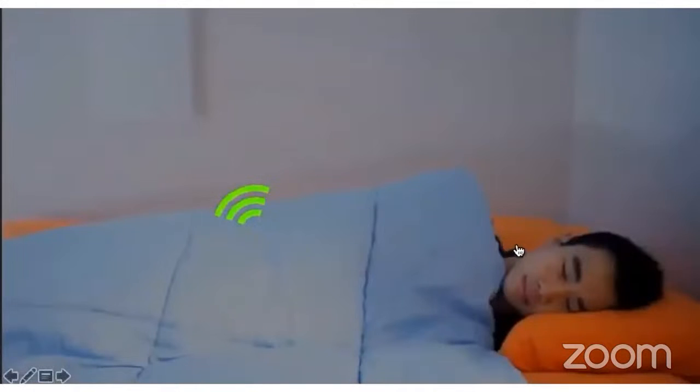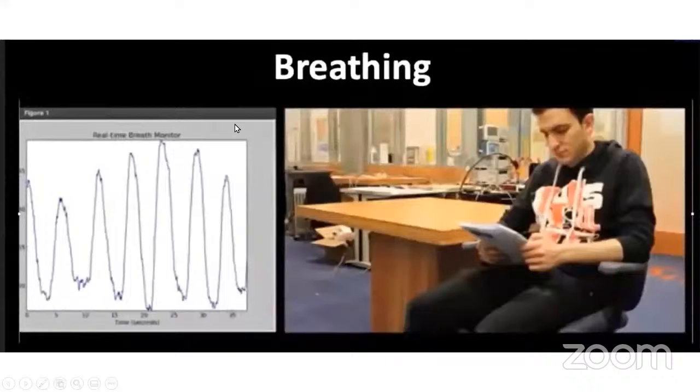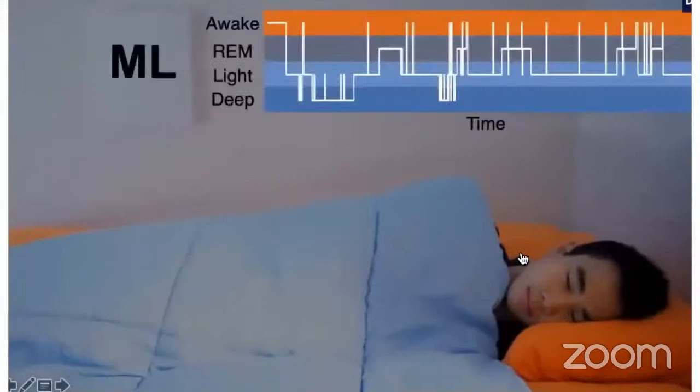So with Wi-Fi signals, you will see here these states going from awake state to deep state. You can see the pattern here. Okay, this is for a normal person. Now, if that state takes a lot of time for that person, what does this mean?